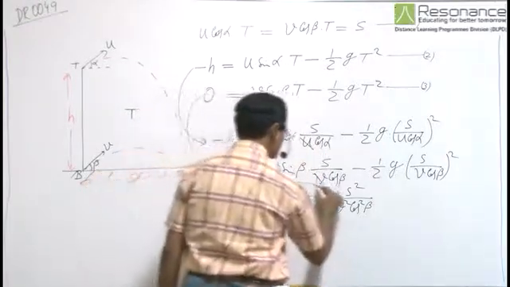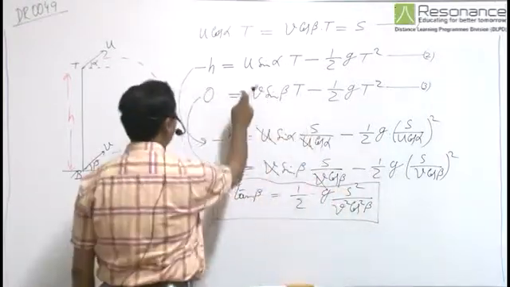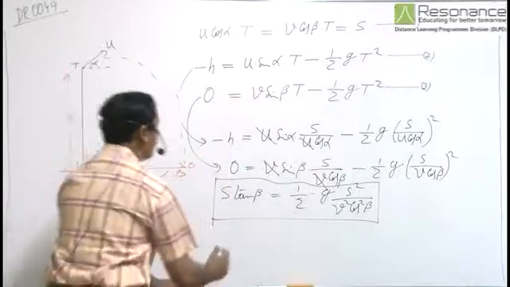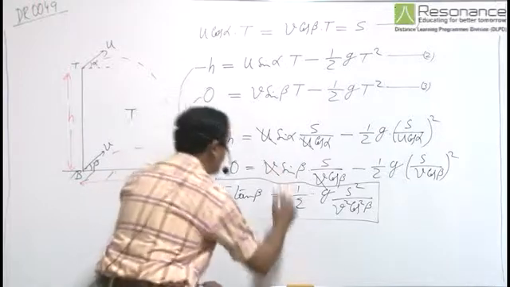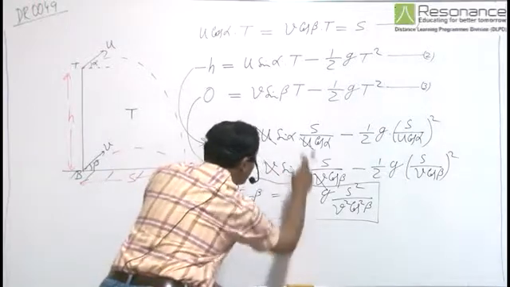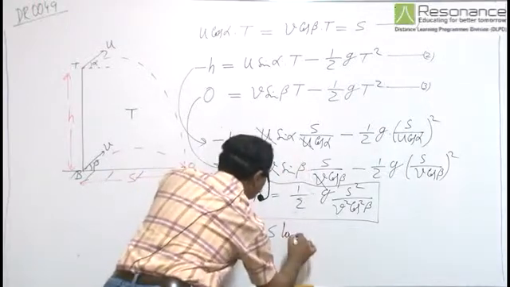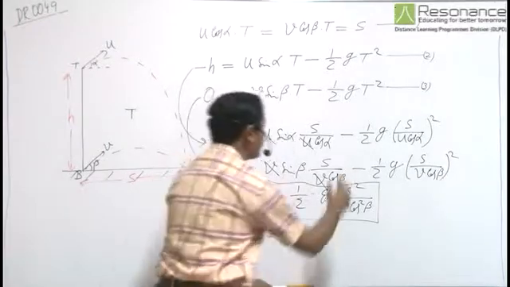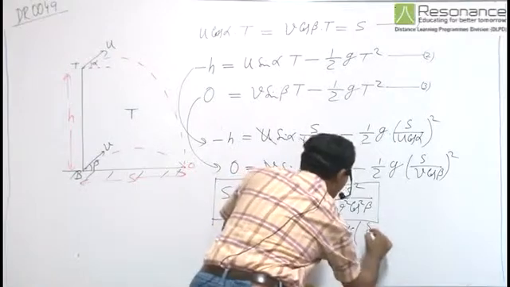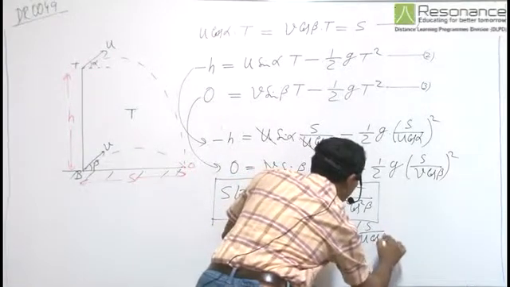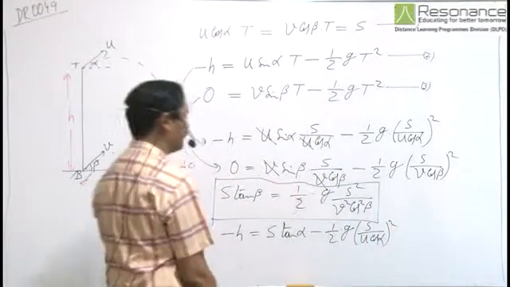This is one equation, and the other equation which we got from here is minus h is equal to s tan alpha minus half g s by u cos alpha whole square.